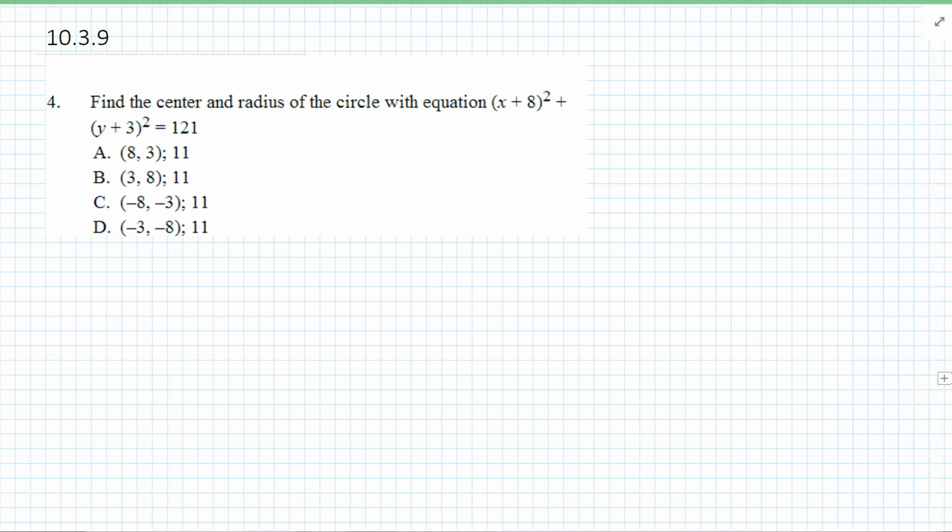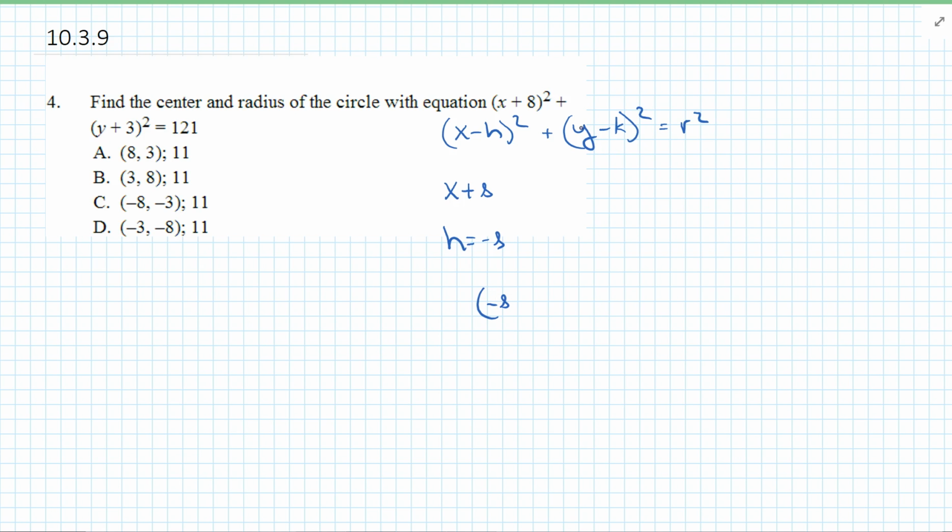Find the center and the radius of a circle with the equation x plus 8 squared plus y plus 3 squared equals 121. Well, we know it's x minus h squared plus y minus k squared equals r squared. So x minus -8 would get us that. So our h value is -8.